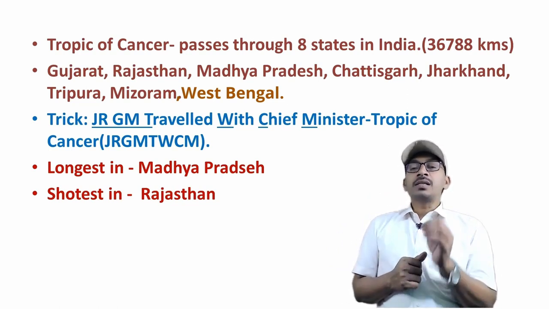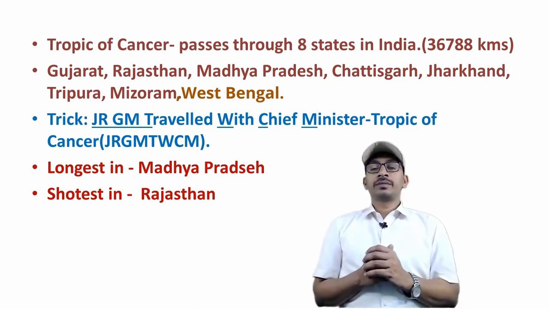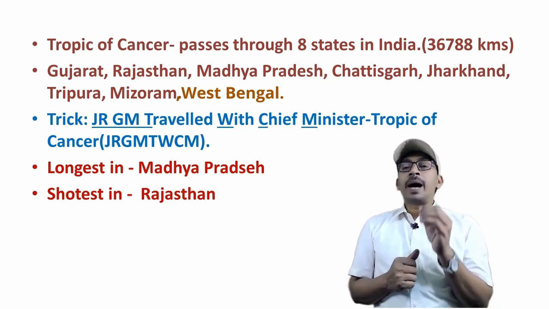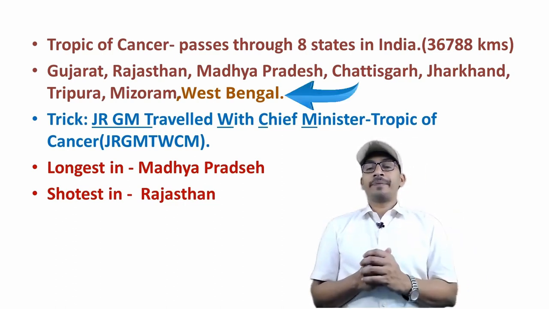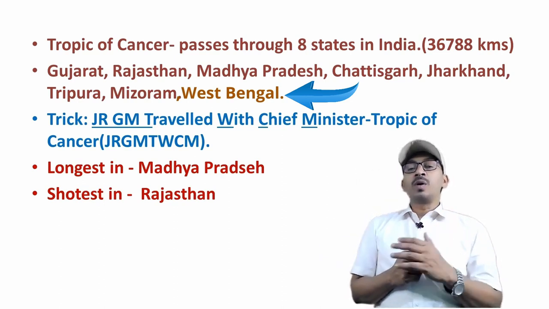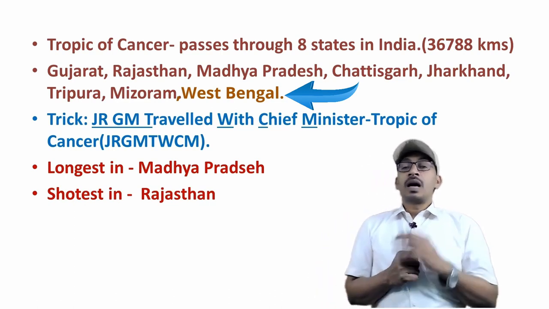The 23 degrees 30 minutes north latitude, which is also called the Tropic of Cancer, passes through 8 states in India. The 8 states which are located on the Tropic of Cancer are Gujarat, Rajasthan.